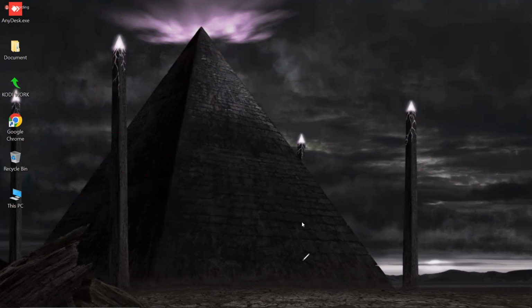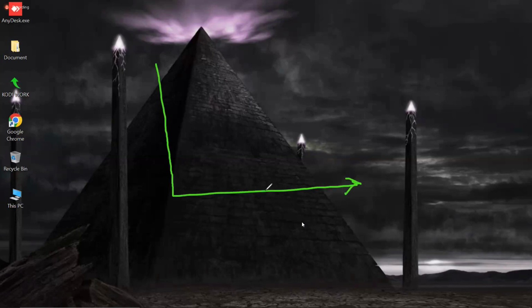Just have a look at this one more time. Let's assume this is 0, this is 1, and I have some values 10, 20, 30, 40, 50, 60.